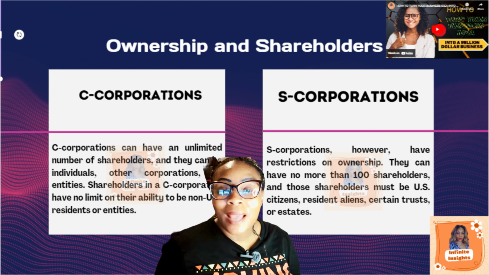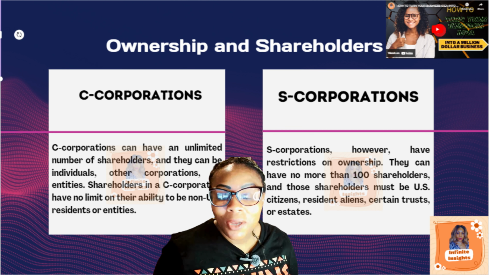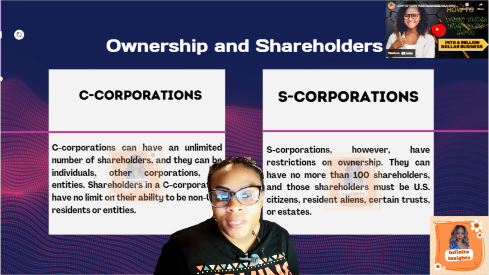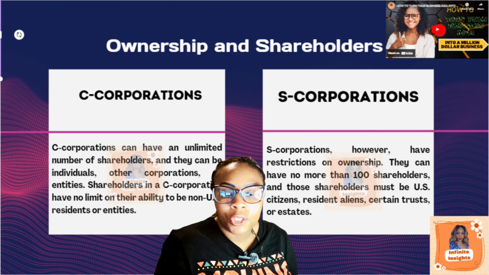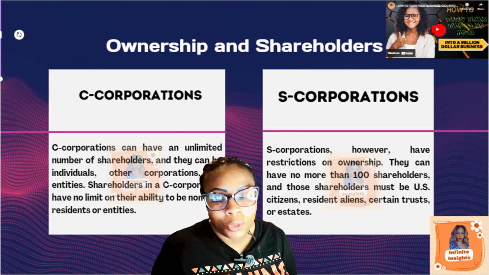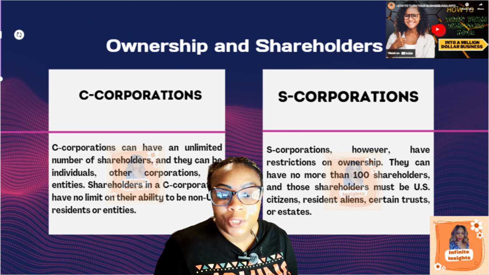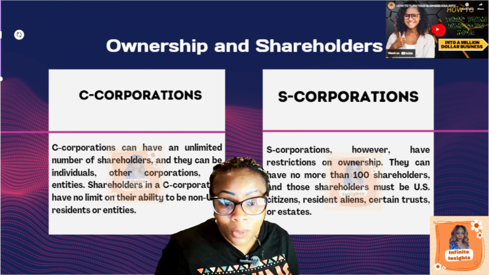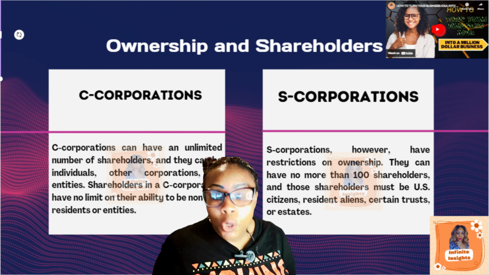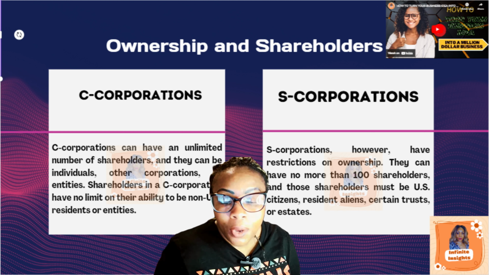We can see that there is a slight, or I would say a big, difference between C corporation ownership and S corporation ownership. With the C corporation, we have an unlimited number of shareholders. With the S corporation, we cannot have more than 100.